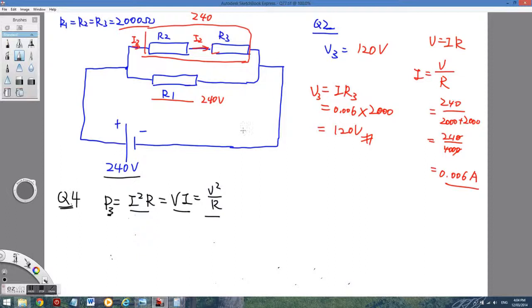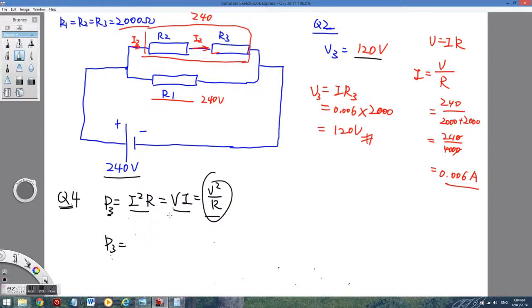Since in question 2 I know the voltage of resistor 3 is 120 volts, and I know its resistance, just use this one. The voltage will be 120 because we're only interested in resistance 3.